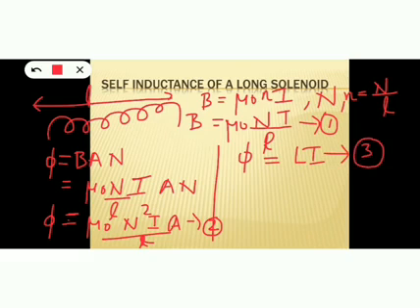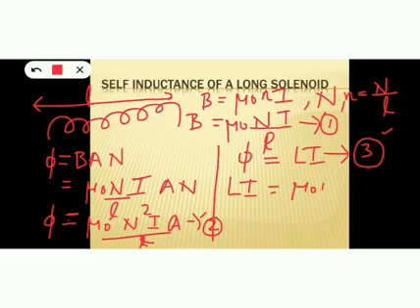We had studied this expression in the previous slide. So the LHS of equations 2 and 3 are the same, so we can equate the RHS parts. We get L I is equal to, what is the RHS of equation number 2?